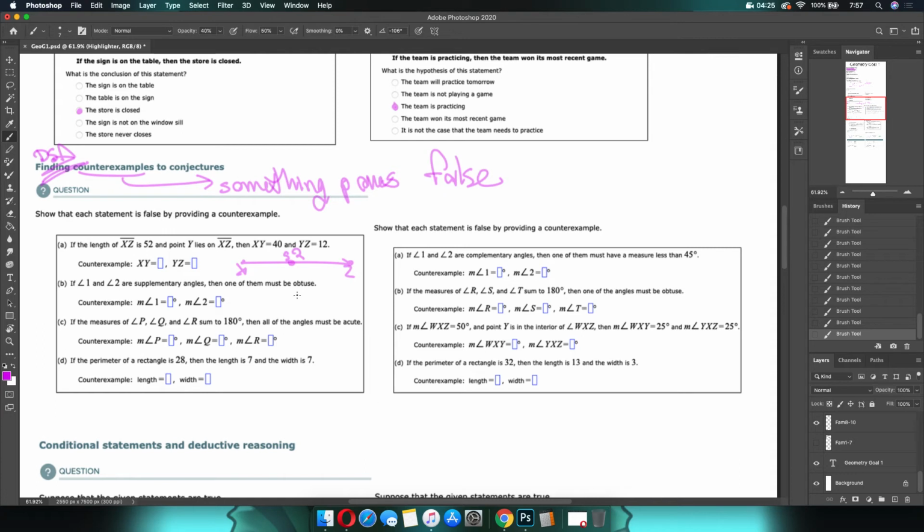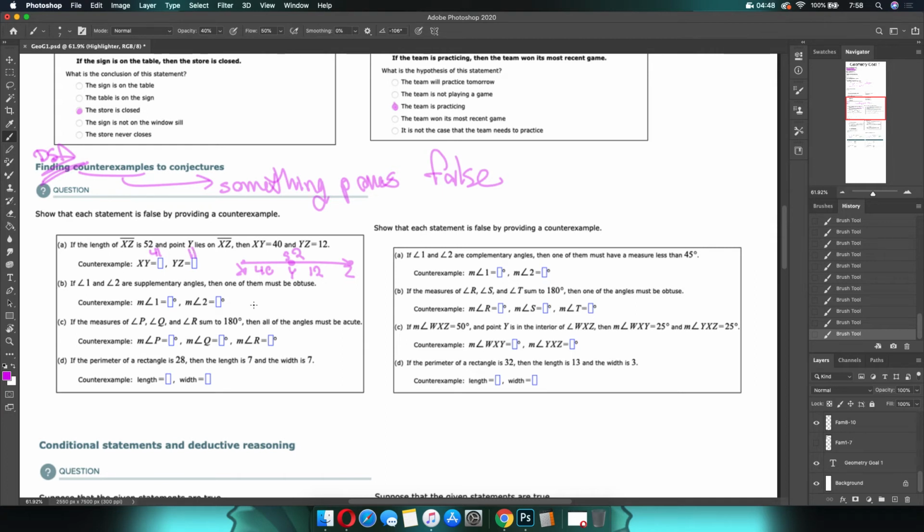They're telling you that the only option for Y to exist is if one of them is 40 and one of them is 12. Well, I mean, there are a billion other options we can do. We can do 41 and 11. We can do like 1 and 51. You know, there's a bunch of counterexamples we could offer.